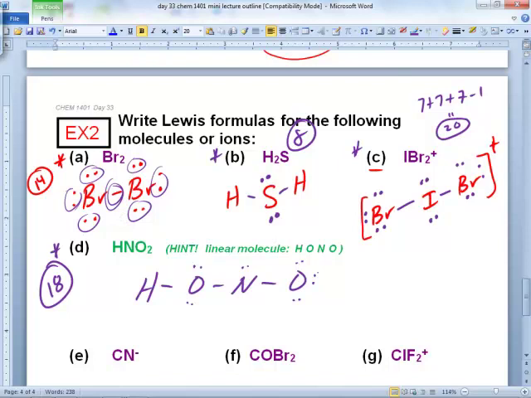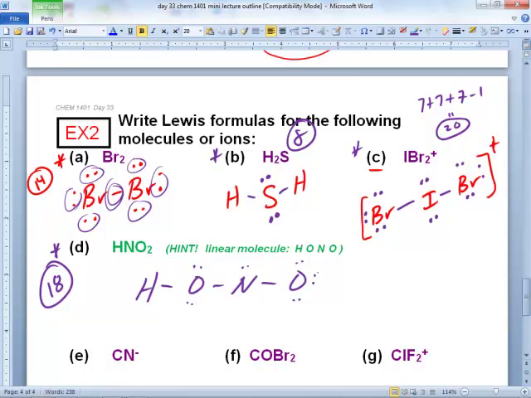Everybody agree? I got 18. Now, you ask the question Eric asked. Do I do the double bond thing? The answer is a definite yes if you have things that can form double bonds, triple bonds. C, N, O, S. Yeah, nitrogen and oxygen. Okay.